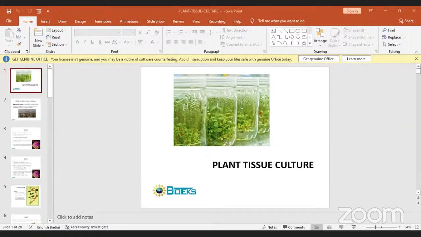Then came androgenic haploids by Nitsch in 1974 and protoplast fusion by Melchers in 1978. The future of this line of research is gene manipulation and raising genetically manipulated agricultural produce for consumers.